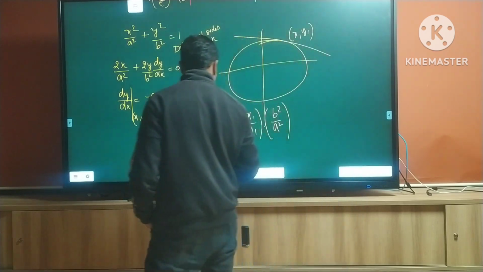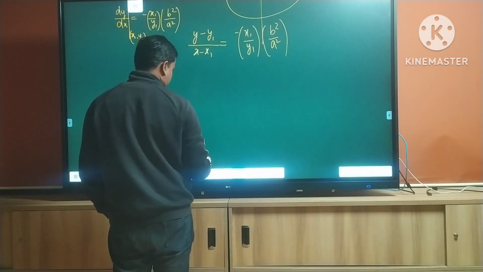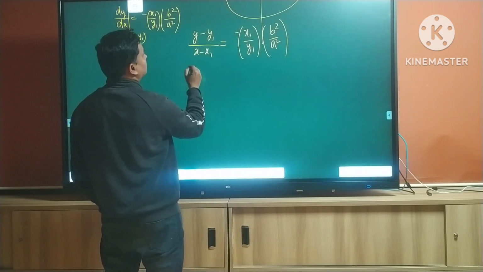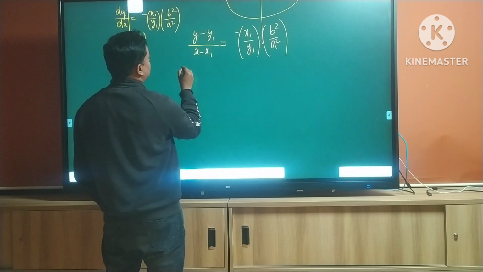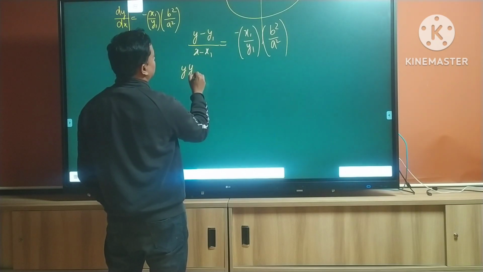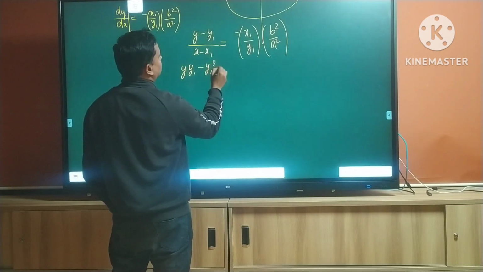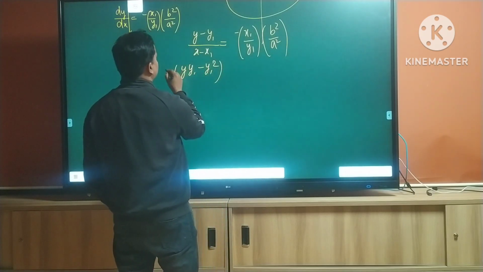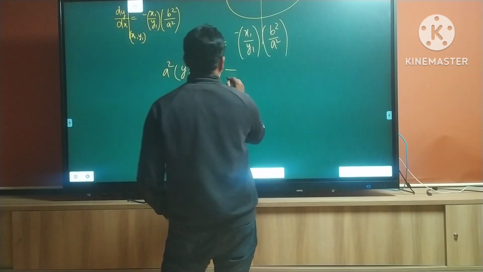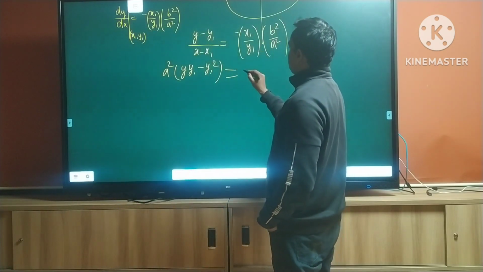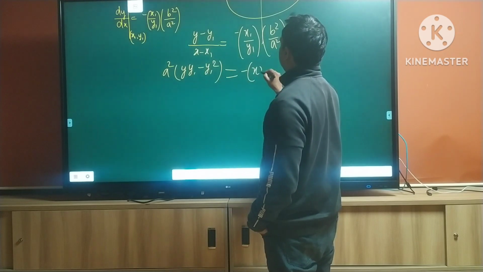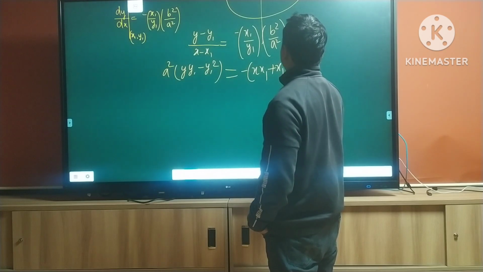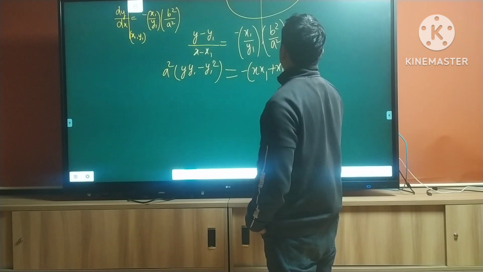Now just making some shifting here and there, like cross multiplication, I will get y1 minus y1 square, and let us multiply this by a square, and this side minus x1 plus x1 square, multiplied by b square.